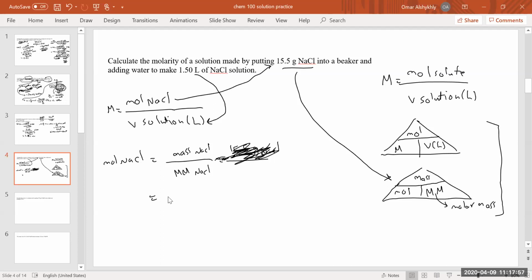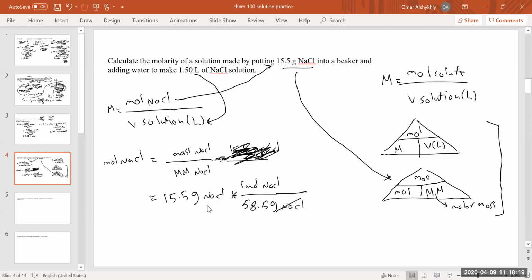The mass is 15.5 gram NaCl. And there's 1 mole in the top NaCl, and 23 plus 35.5, so it will be 58.5 gram NaCl is the molar mass.